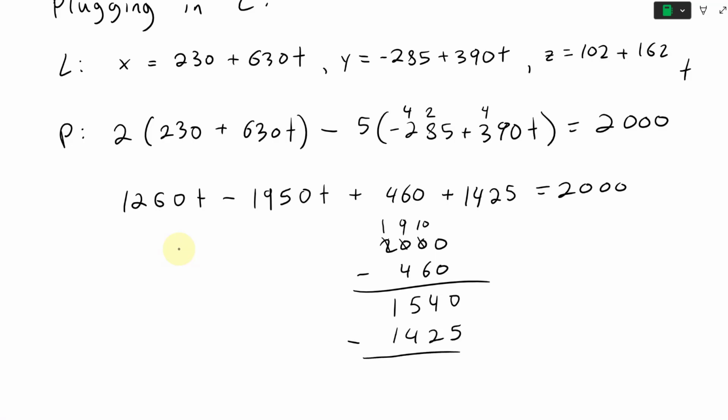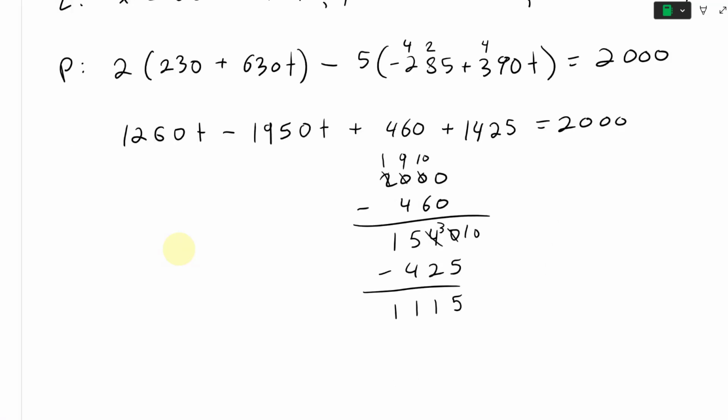Like that. This is going to be a 10. This is going to be a 3. This is a subtraction: 3 minus 2. This is going to be 5. Actually, no, we forgot the 1 here. This is 1425, not 425. Minus 1 is 0.